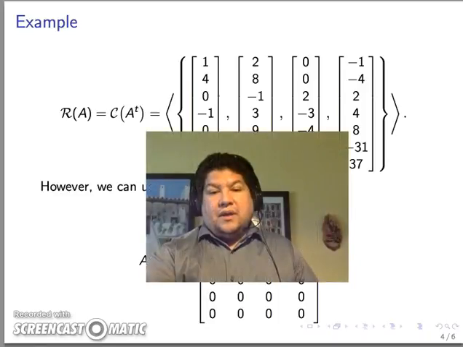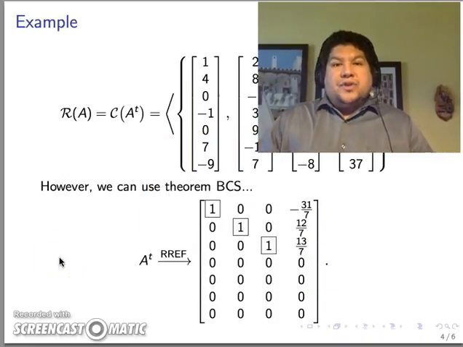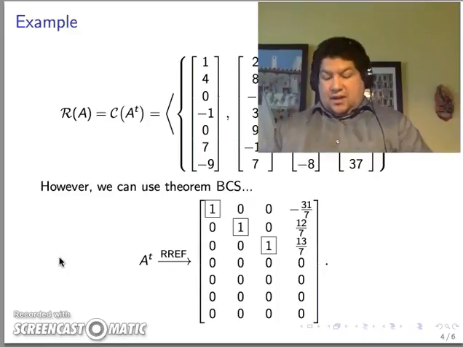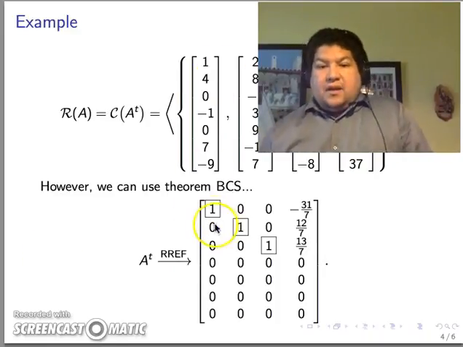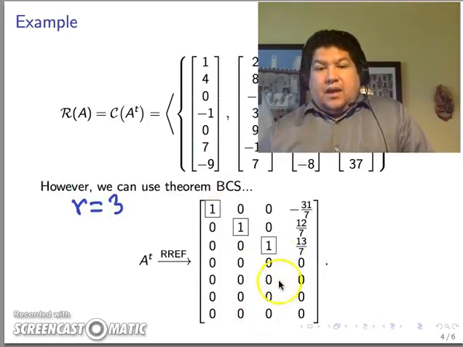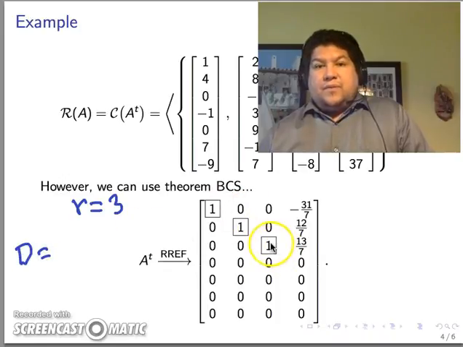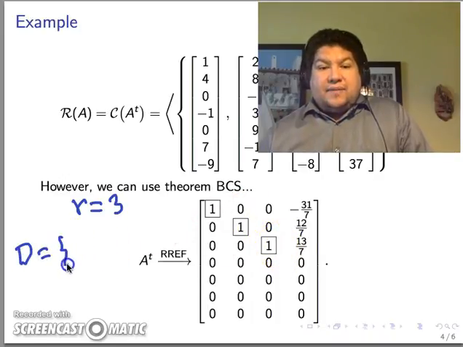In particular, from row reducing A transpose, we have that R equals 3, and the set of indices containing the leading ones is going to be 1, 2, and 3.